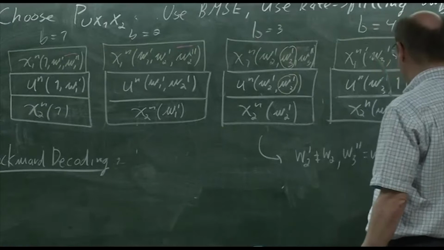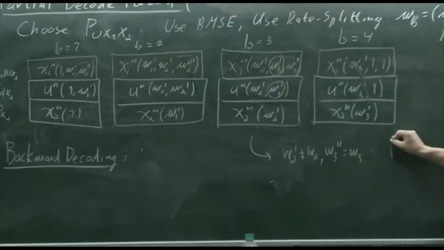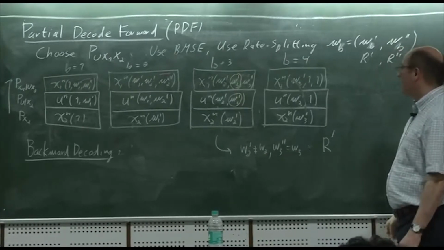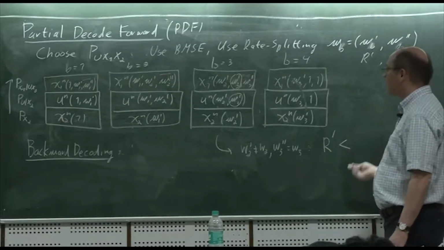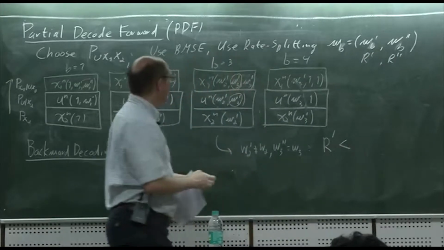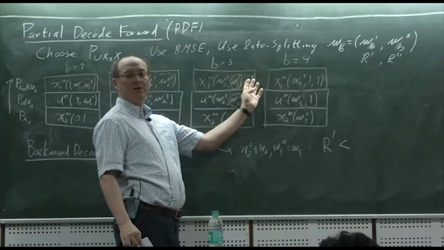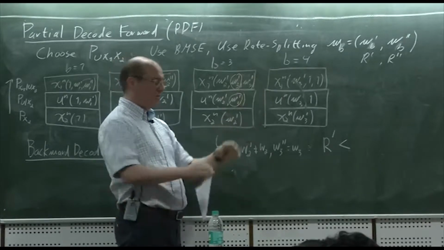What do I have there? What kind of rates will I get? Well, I'll get R primed should be less than, let's see, what is the situation? So I know this one here is correct, but all the others are wrong, so all 3 of them are incorrect, right? So we'll get I of x1, x2, u; y3.